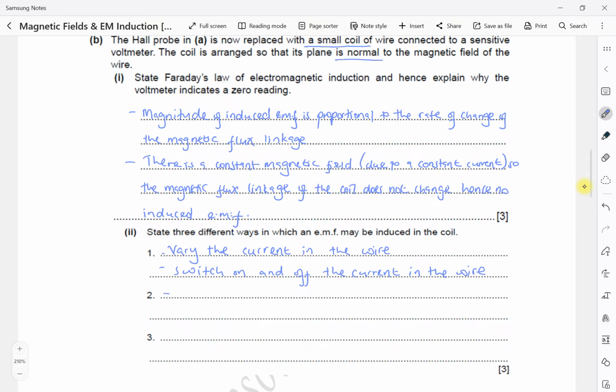The other one would be use alternating current instead of DC. Another one could be rotate the coil.